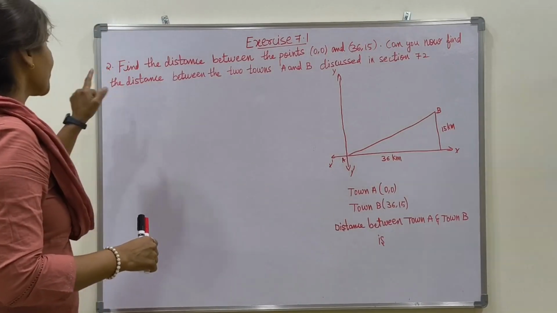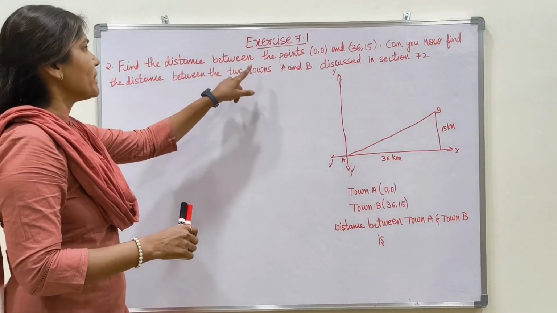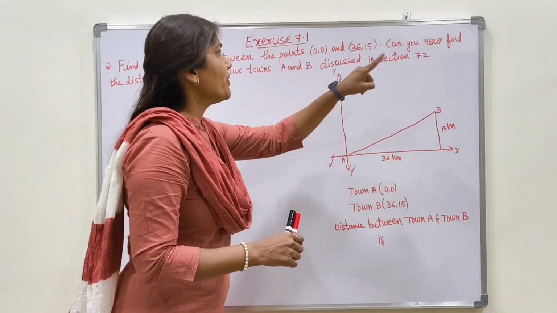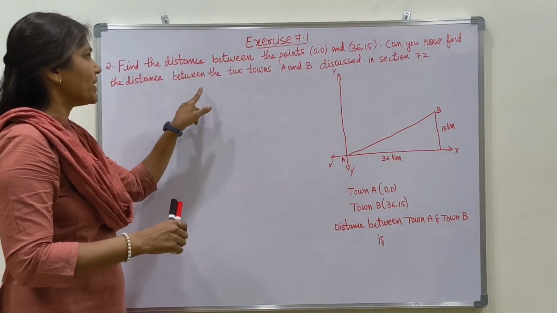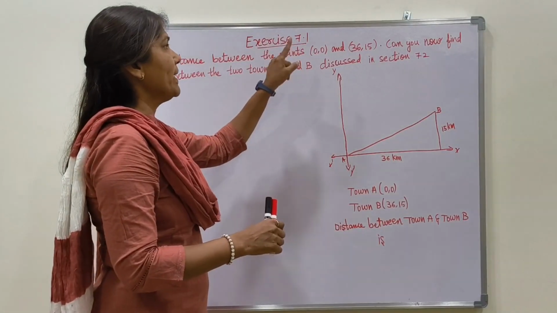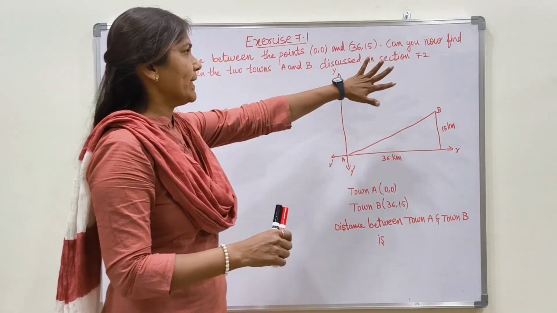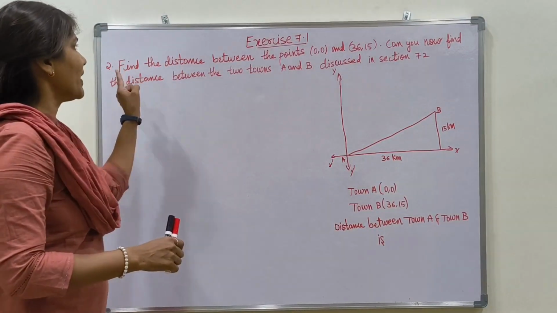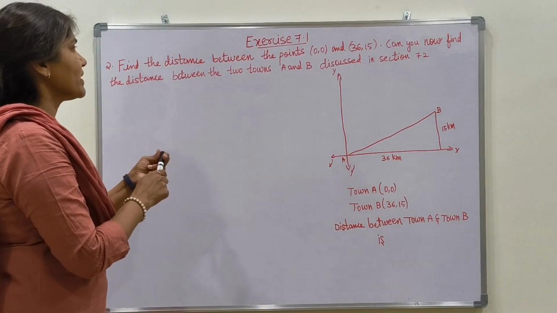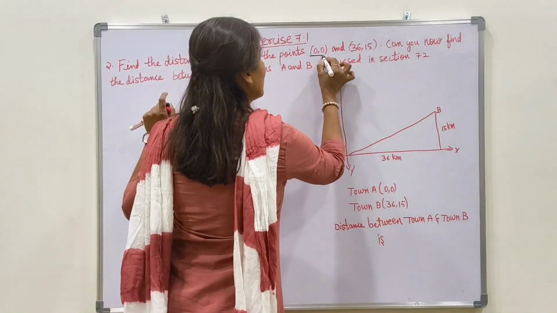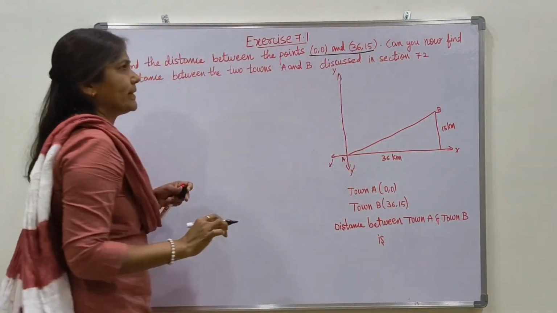Now second question. Find the distance between the points 0, 0 and 36, 15. Can you now find the distance between two towns A and B discussed in section 7.2? This one we will see later, section 7.2. First we will find this distance, between the points 0, 0 and 36, 15.